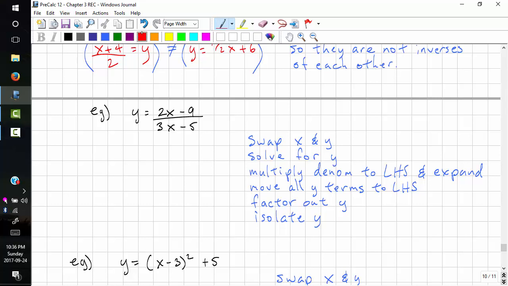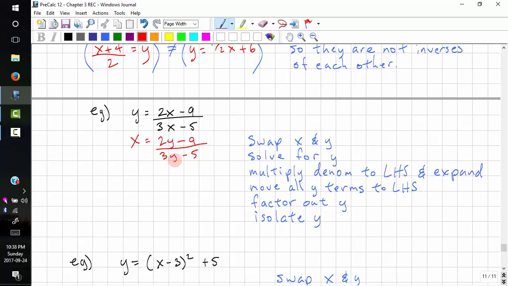Let's look at a slightly harder example. Again, we still start off by swapping x and y. Every y gets turned into an x, and every x gets turned into a y. Now we want to multiply the denominator to the left-hand side and expand.